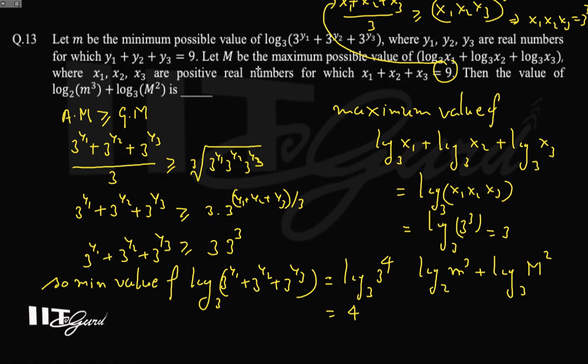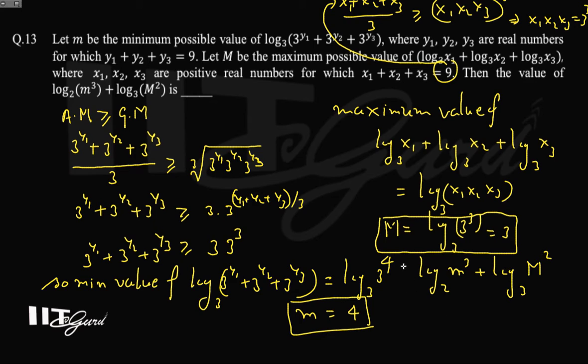Here capital M is the maximum possible value of this, and small m is the minimum possible value of this. So small m is 4, and capital M is 3.